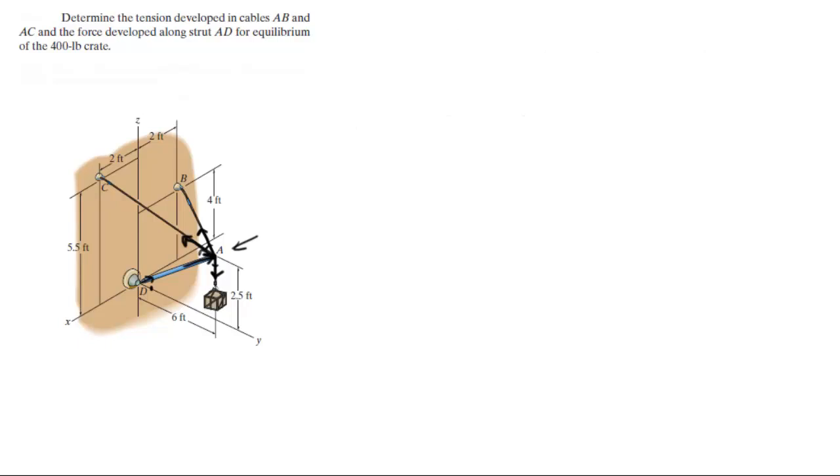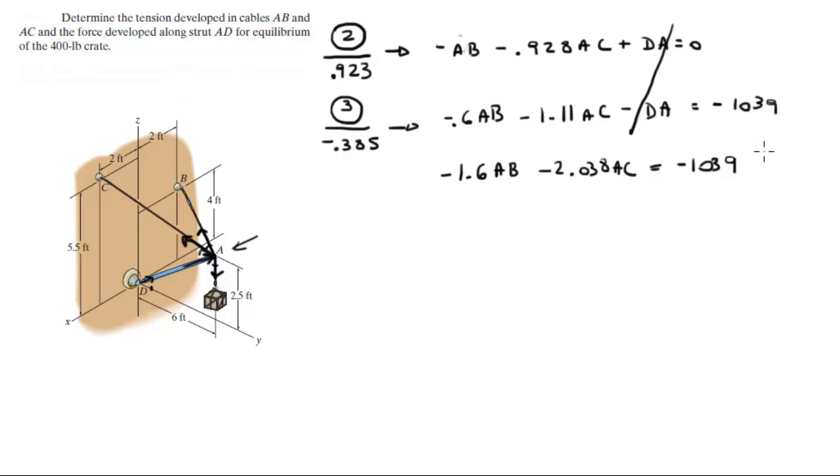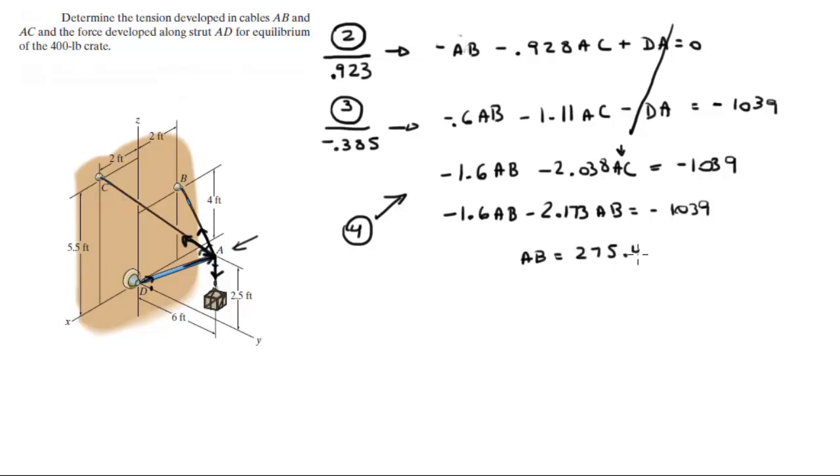So I'm going to plug equation 4 into here, 1.066 AB in AC, and I'm going to get this new equation, which says minus 1.6 AB minus 2.173 AB is equal to negative 1039. So you add this together, you divide by negative 1039, and you get AB is equal to 275.4 pounds.